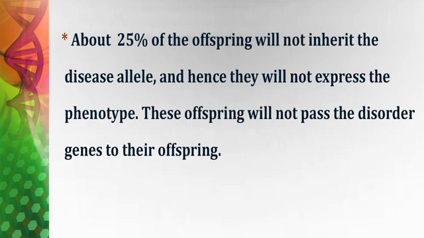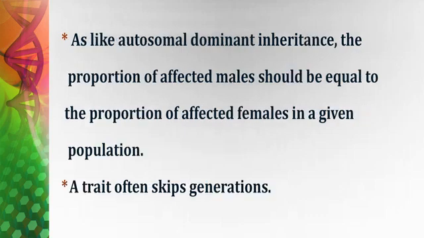These offspring will not pass the disordered genes to their offspring. As in autosomal dominant inheritance, the proportion of affected males should be equal to the proportion of affected females in a given population. A trait often skips generations.